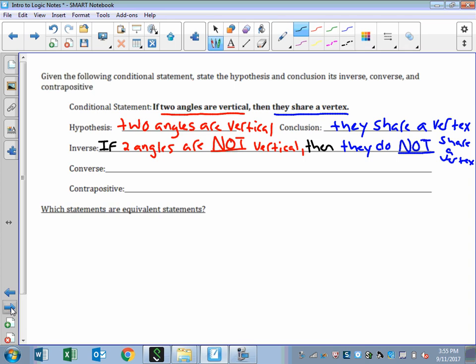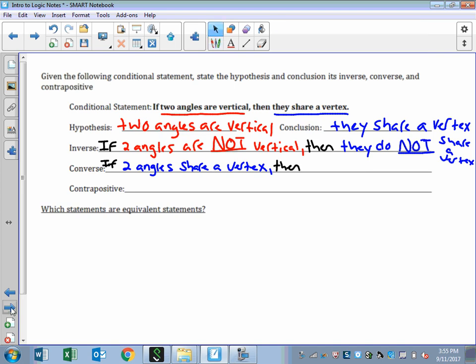So now we're going to have: if two angles share a vertex, then they are vertical. So here we just flipped P and Q around.